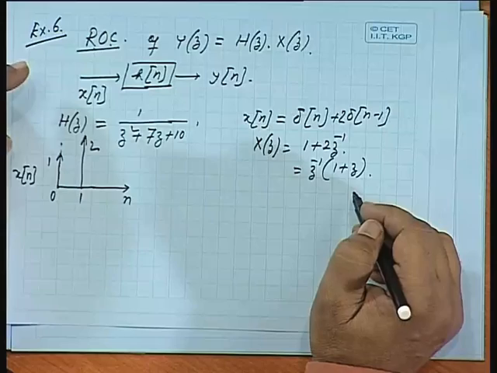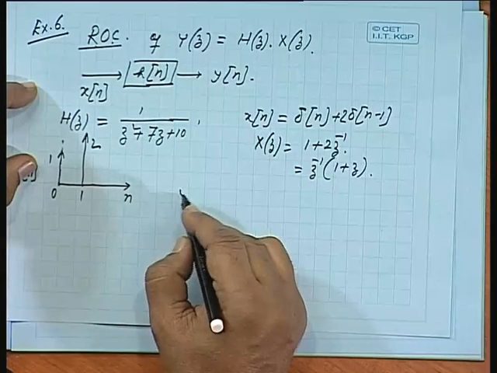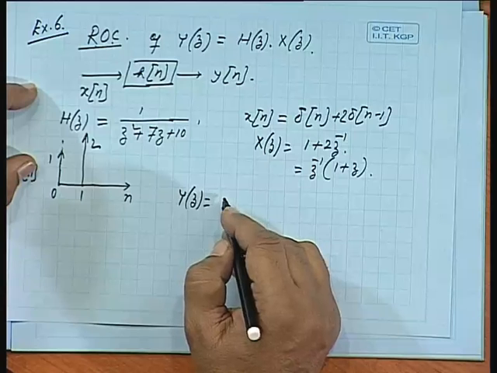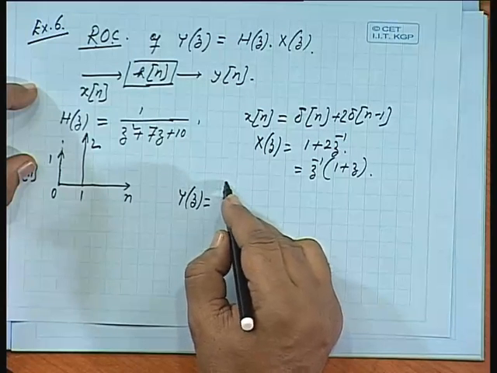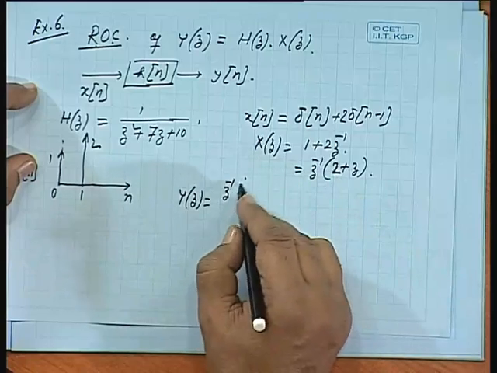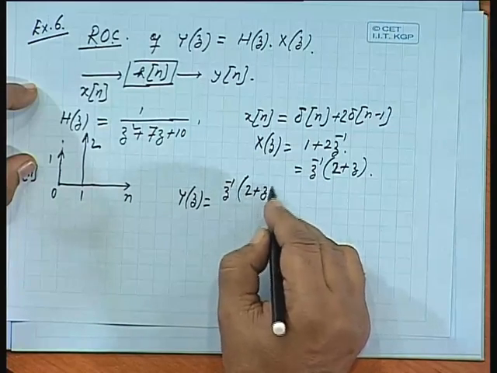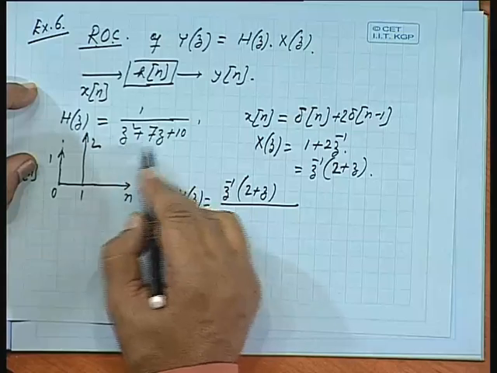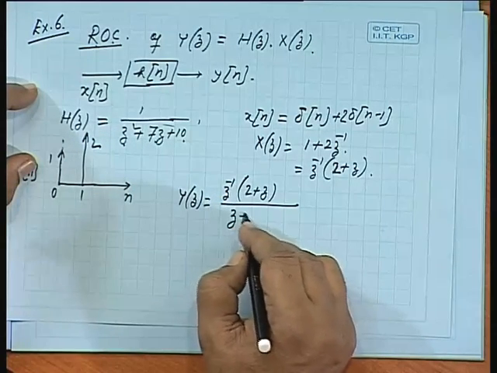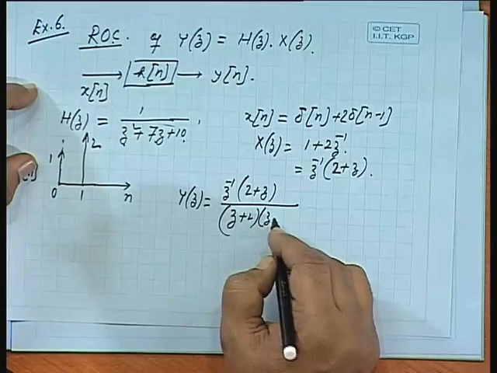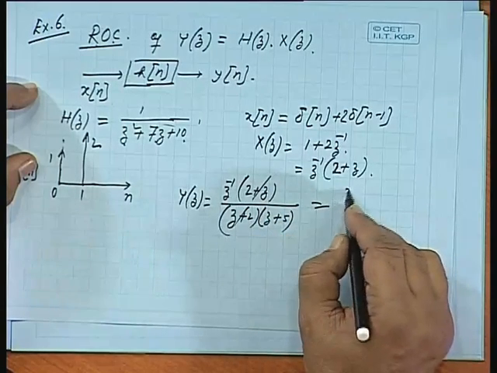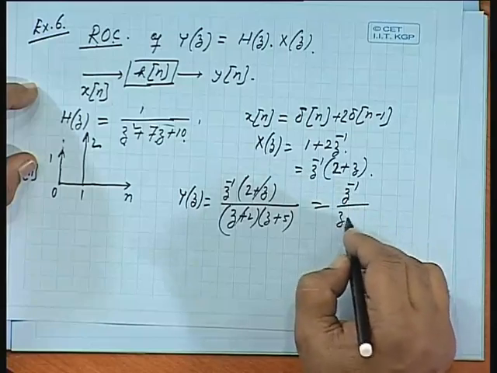Will that be all right? So, YZ will be, how much is it? Z inverse, it should be 2 plus Z, 2 plus Z divided by this, and you can factorize this, Z plus 2 into Z plus 5. So, that gives me Z inverse by Z plus 5.